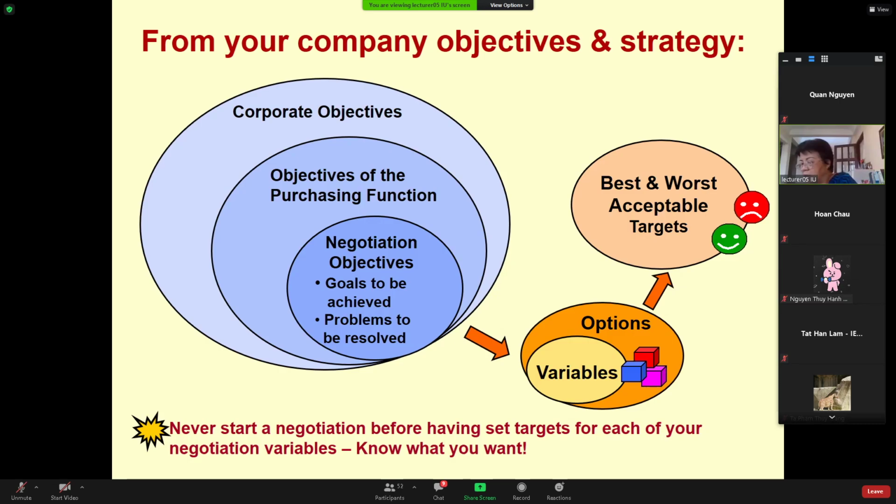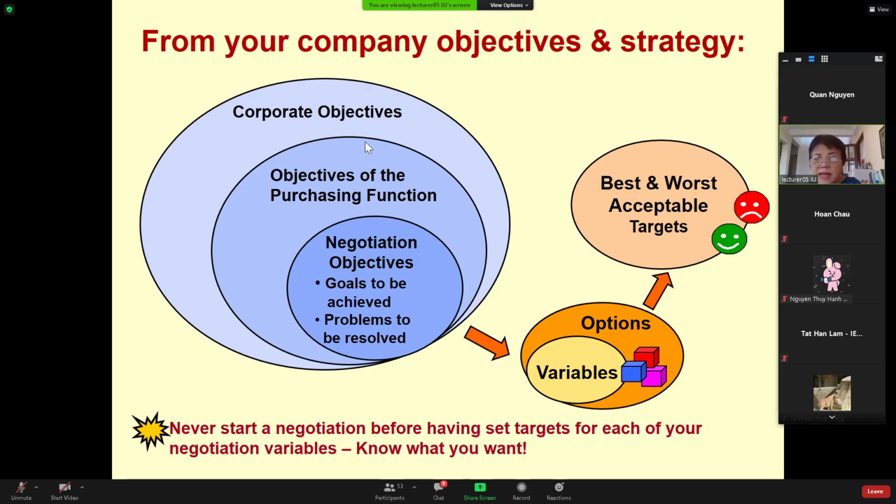Of course, when you start with a purchasing job, no one wants to give you a big job. So you start with the small thing first. But regardless, whether you do the small thing or the big thing, you understand the company objective, the corporate objective.